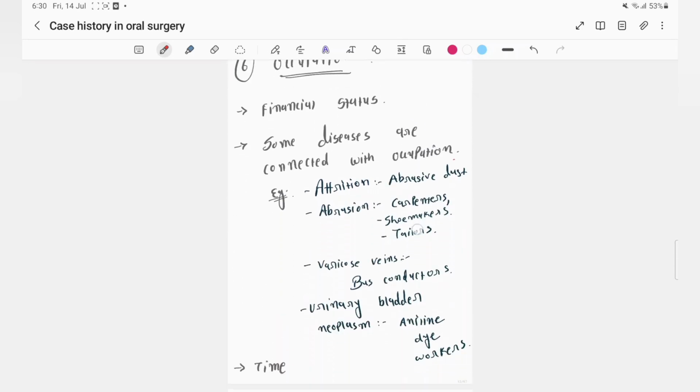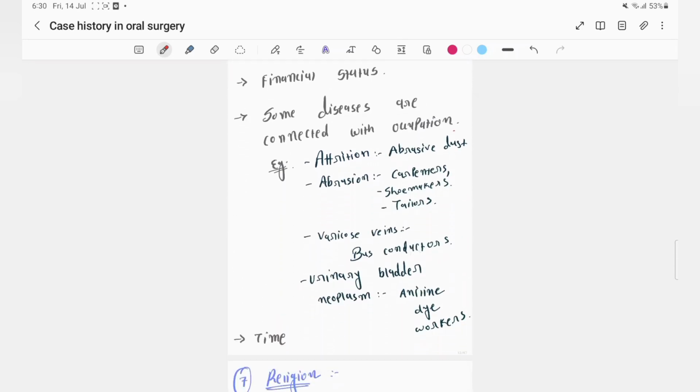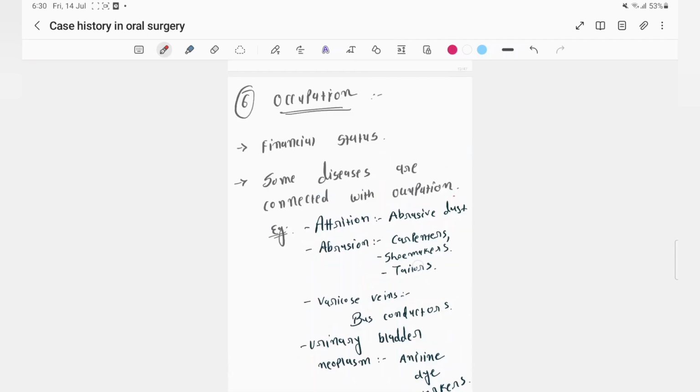Now, occupation. It can impact a patient's financial status, right? So, they cannot afford a costly treatment, right? Then some diseases are connected with occupation. For example, abrasive dust can cause attrition.